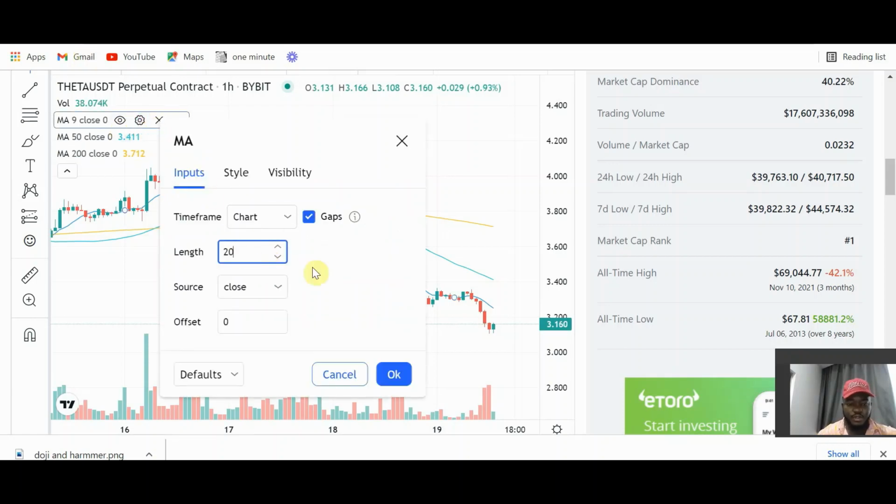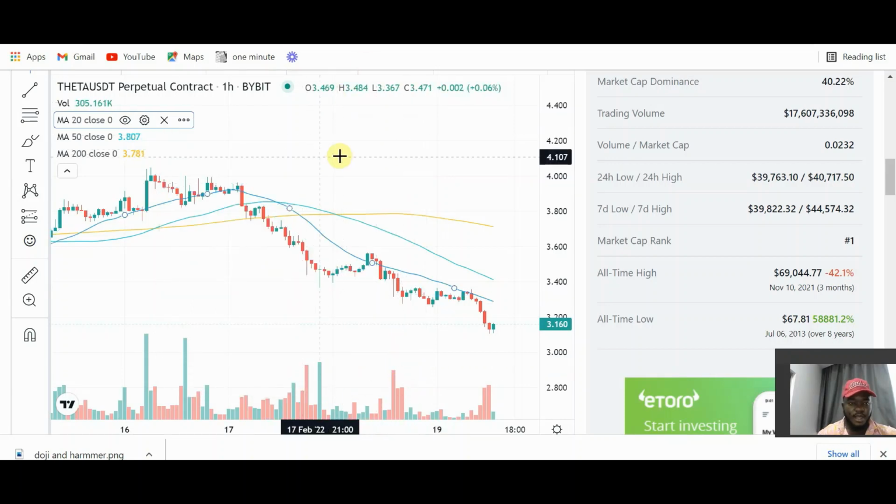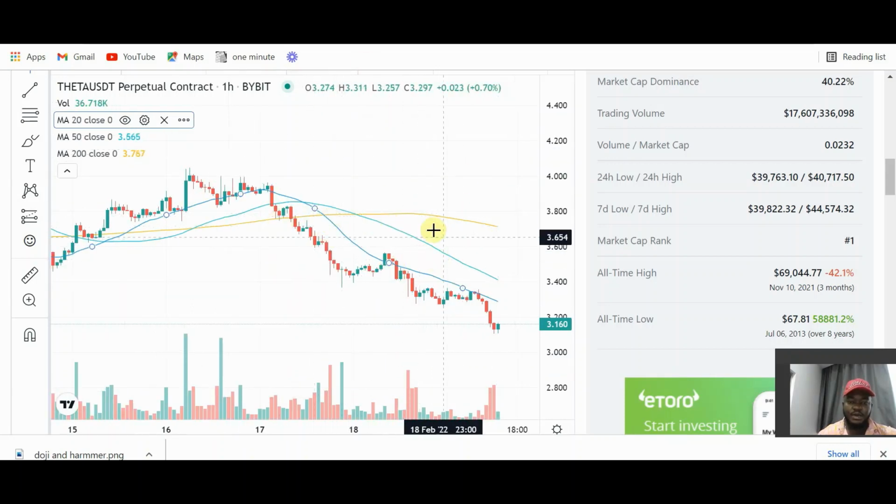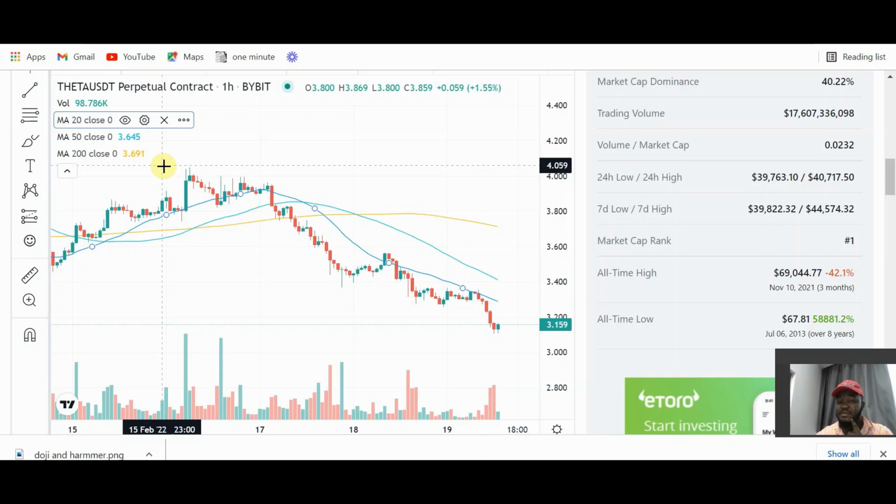20-day moving average. So I added all these things and they are all going in the same direction. It shows you that they are fully in support of this particular trend. And notice, guys, whenever the 50-day moving average is crossing above the 200-day moving average, we get a golden cross, and when it is crossing below the 200-day moving average, we get a death cross, and that determines a bearish signal.